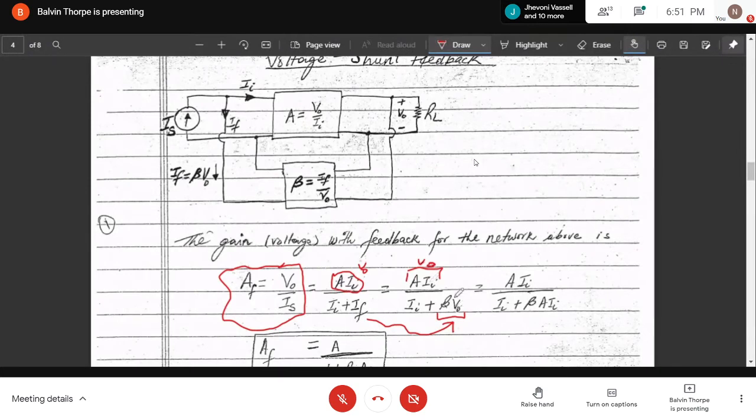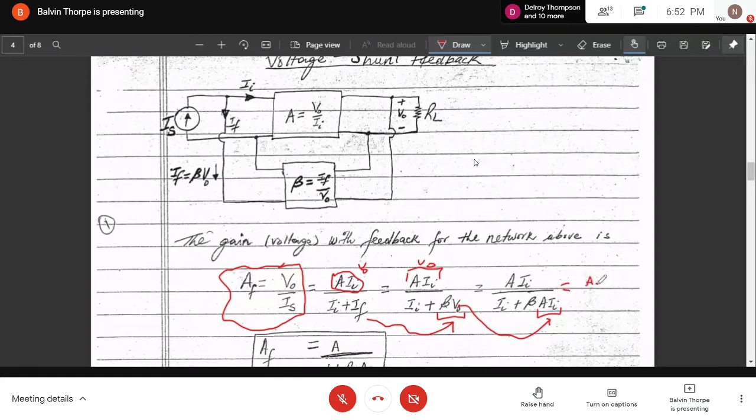So this is IF right here. That's IF. So just basically writing back what we know. This is IF. This is VO. We know this is VO. We're writing back this as VO. But we know that this is VO, and we have a VO here. So we can put what VO is in terms of II. So that's what we do here.